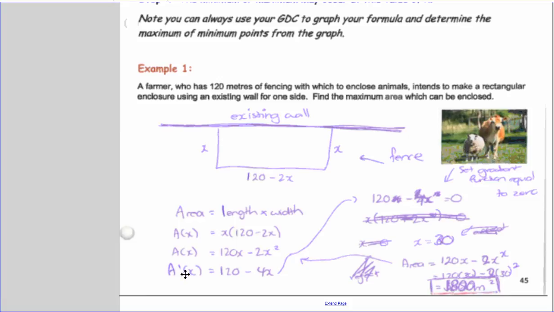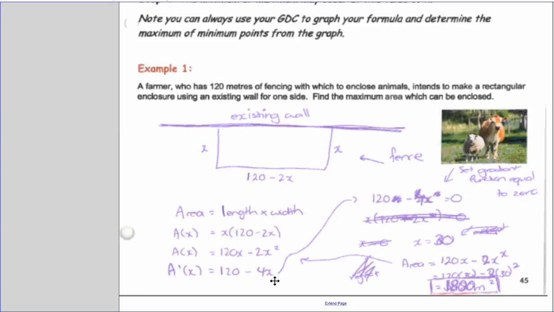So remember, normally the original was f of x and the gradient function was f dash of x. Now we're just using A of x and A dash of x. So what's the gradient function of this one? If you differentiate this, remember it's an x term, so it just becomes 120. 2 times negative 2 makes negative 4x, subtract 1 from the exponent to the power of 1. So the gradient function is 120 minus 4x.